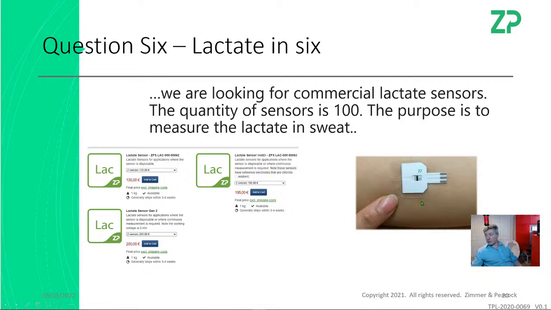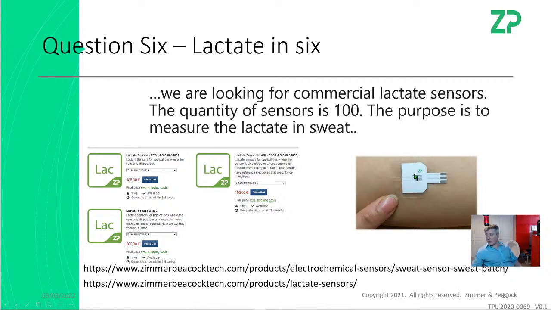With sweat, you probably need a sweat patch, and we do have such technology on our website as well. In the end, the quick answer is it doesn't matter what liquid you're trying to test, you just need to cover the end of it, and then the enzymes on the sensor will start reacting with the analyte of interest, and then we will be able to follow that reaction electrochemically.